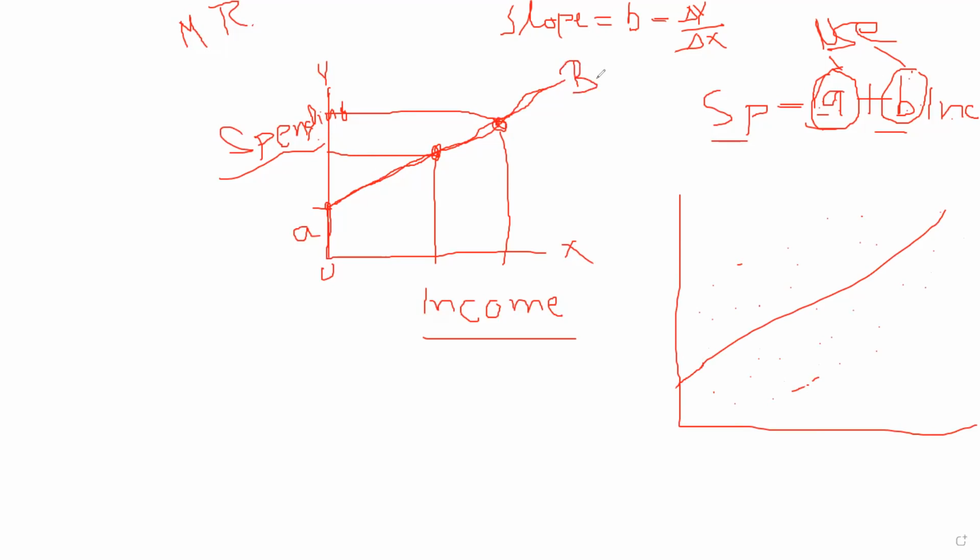What is called best fit? That means this line is the best fit from all these observations. This is an individual observation, and these are the different observations. So the difference from here to here, or from here to here, these are called errors.